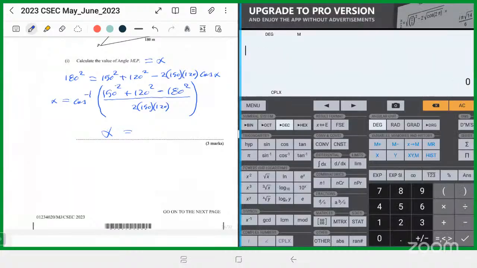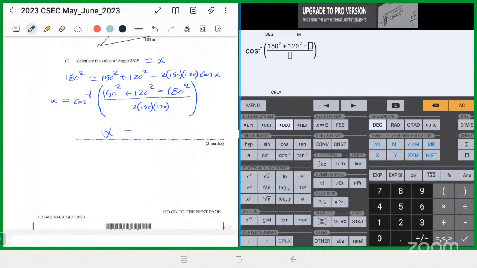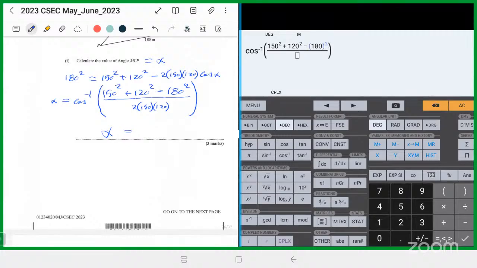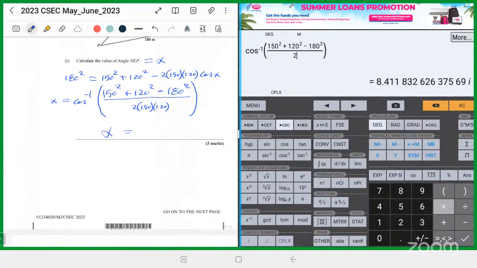So see there, it's cos to the minus 1 of a fraction. On top of the fraction, I have 150 squared plus 120 squared minus 180 squared. And I'm putting that over 2 times 150 times 120.